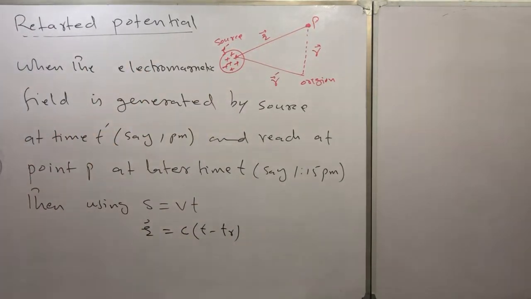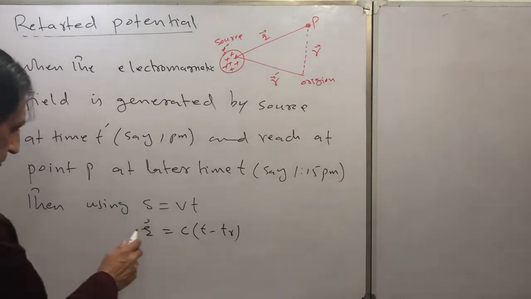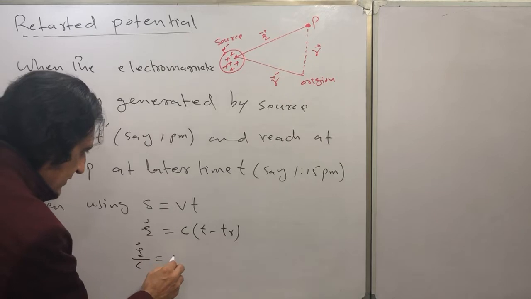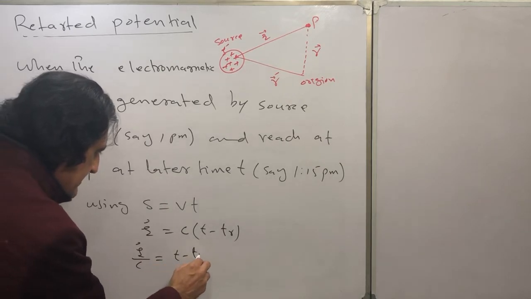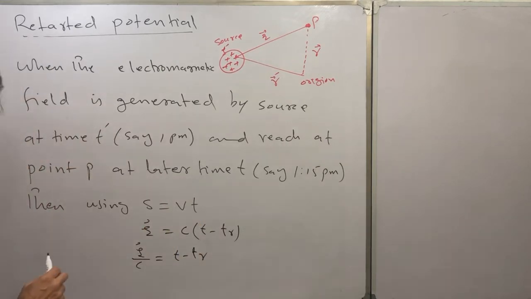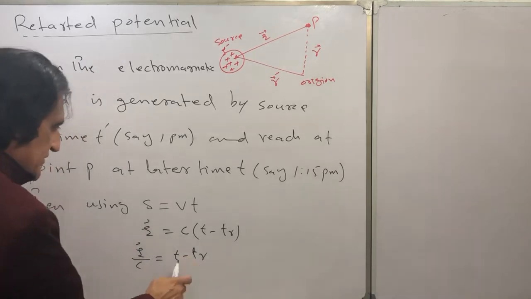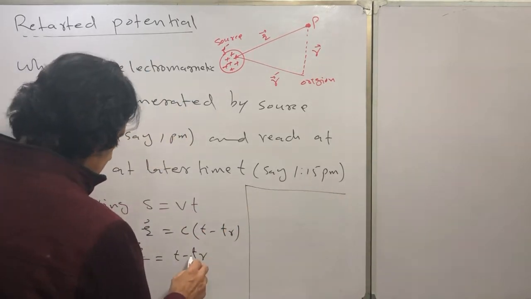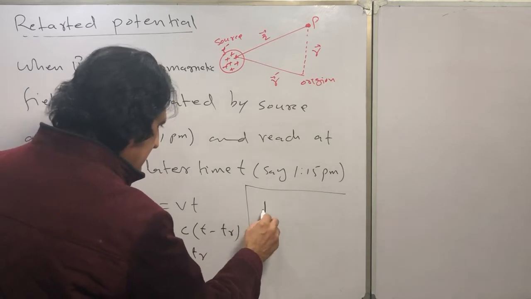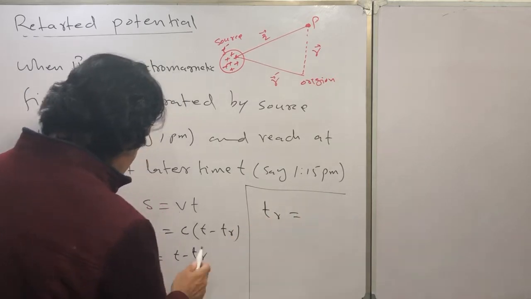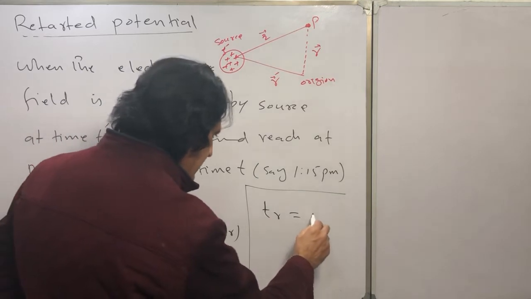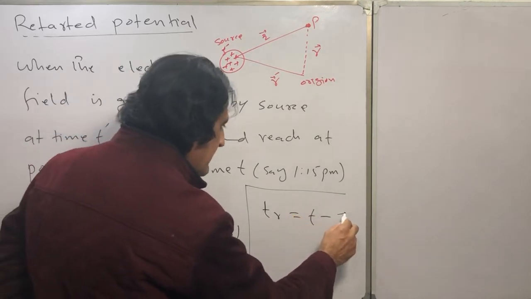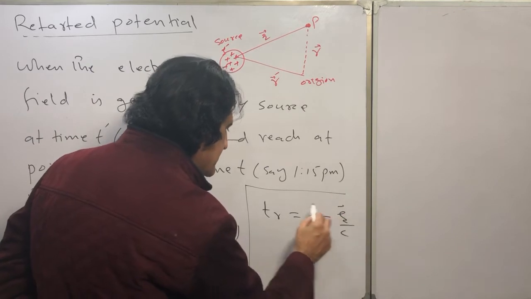Now curly r divided by c is equal to t minus tr, and so tr is equal to t minus curly r divided by c.